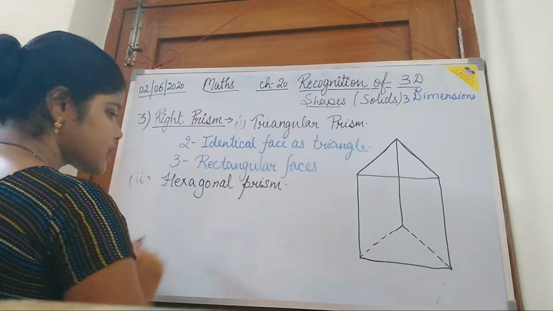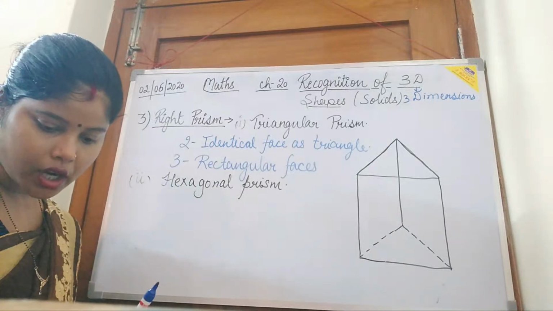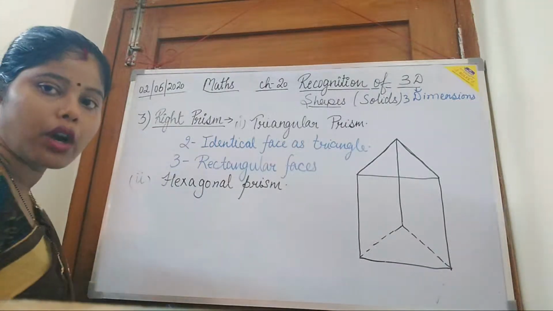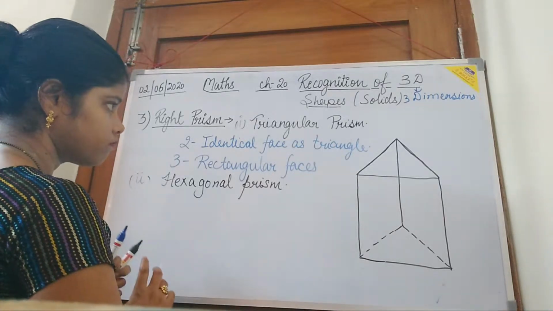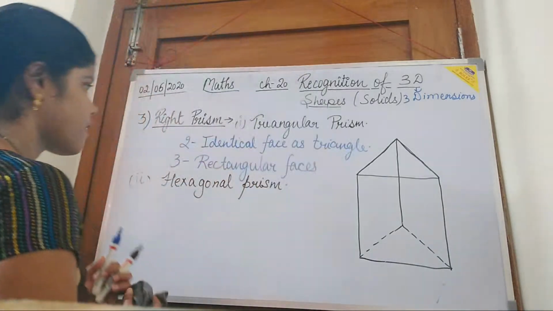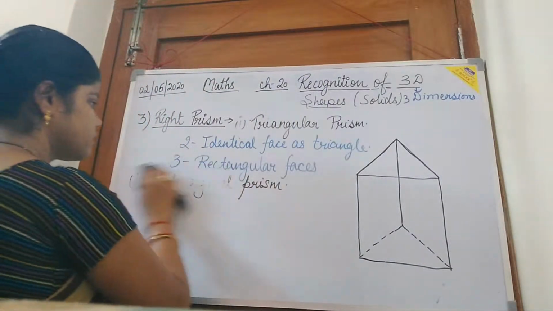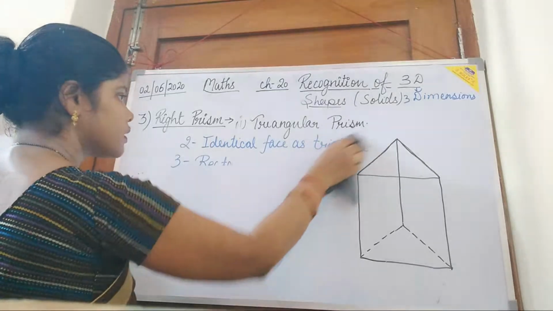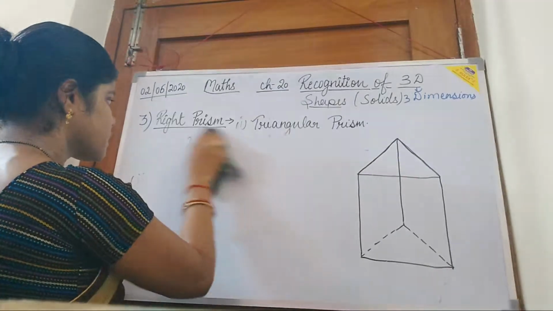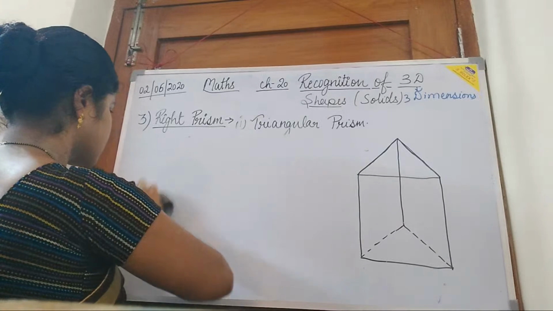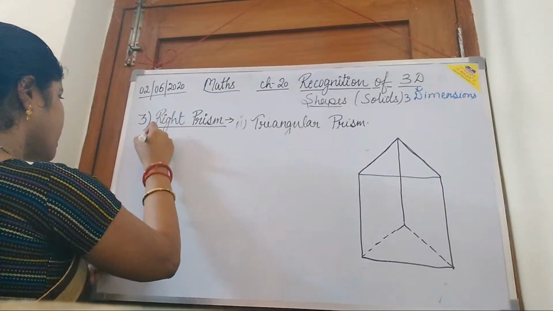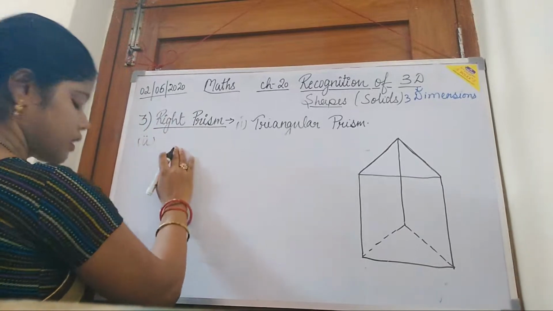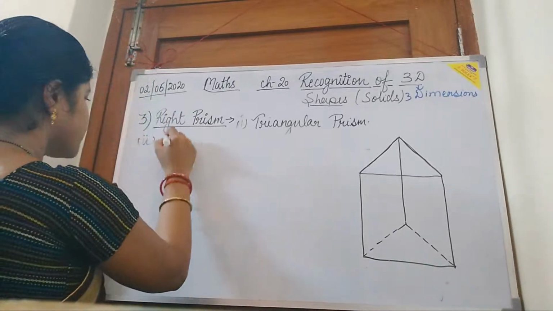Why is it named a hexagonal prism? We are going to draw a hexagon for the top and bottom faces. Second one, the hexagonal prism.